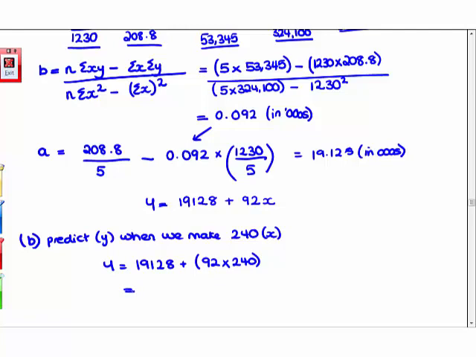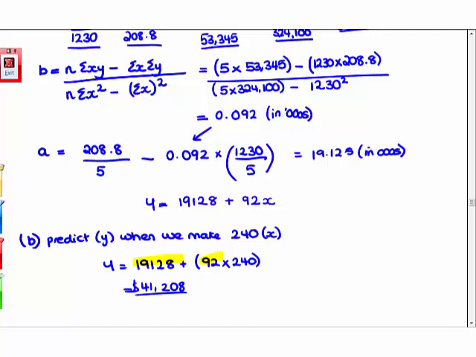So Y is going to be equal to $41,208. What does this mean? Well, we're estimating that there are going to be fixed costs of $19,000 and variable costs of $92 per unit to give us our total prediction.